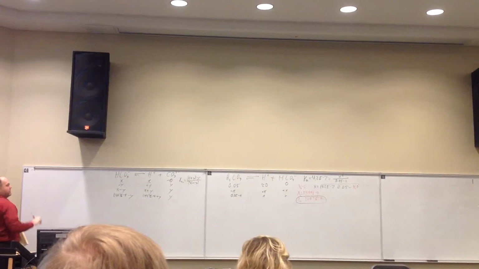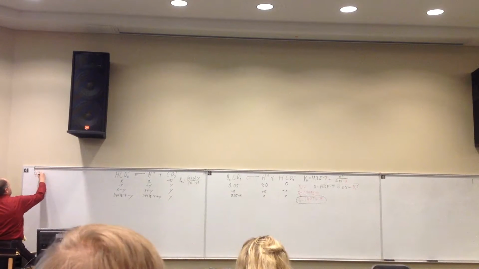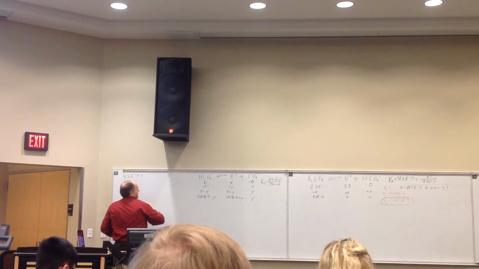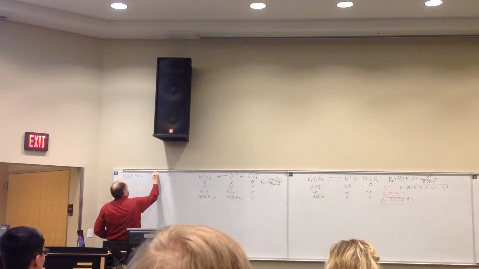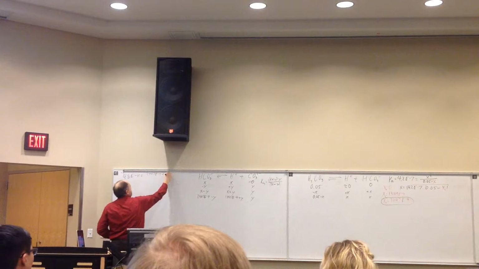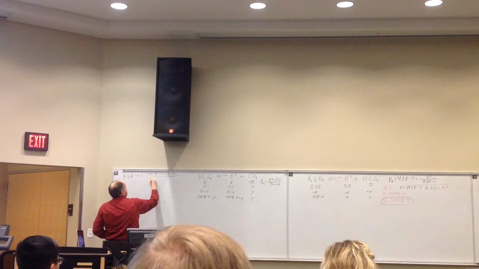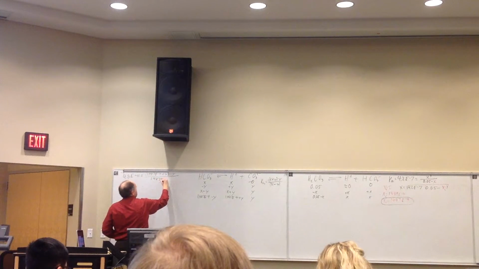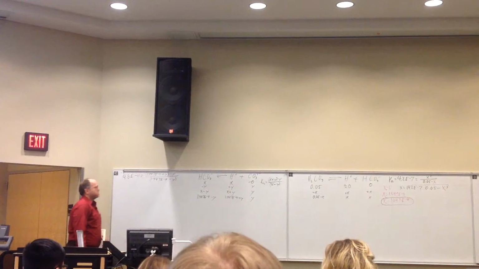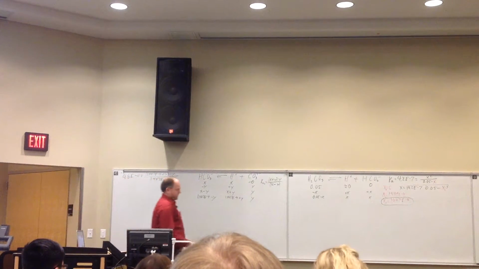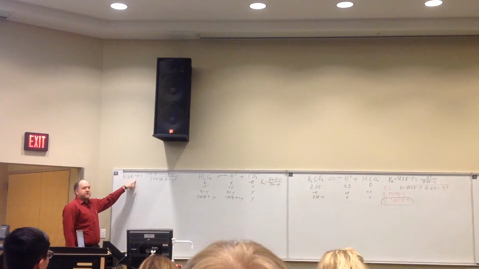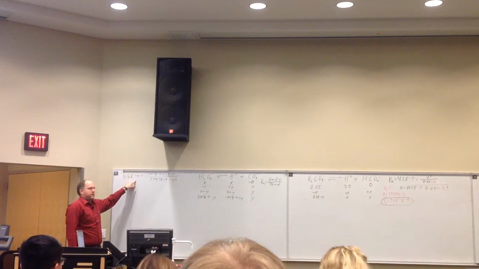Okay, so solving for Ka2, 4.8 times 10 to the minus 11 is equal to 1.447 times 10 to the minus 4 plus y times y divided by 1.447 times 10 to the minus 4 minus y. Now, the value of this equilibrium is times 10 to the minus 11th.